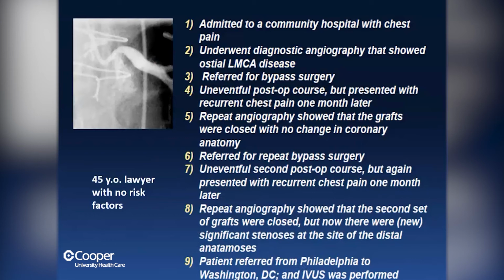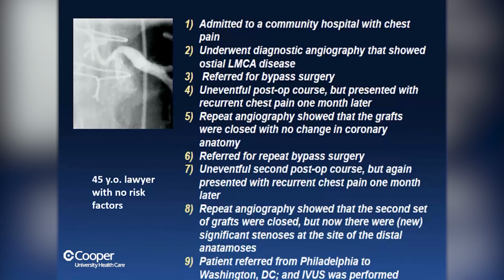So obviously he underwent bypass surgery with a two vessel bypass. The post-op course was uneventful, with recurrent chest pain 1 month later. Repeat angiography at that point showed occlusion of the grafts, but the native anatomy was still the same, with what looked to be a significant left main.